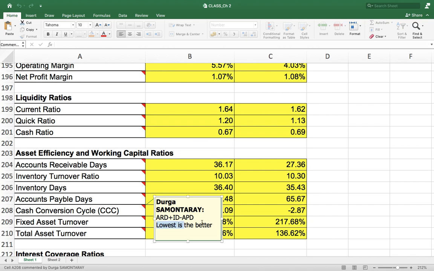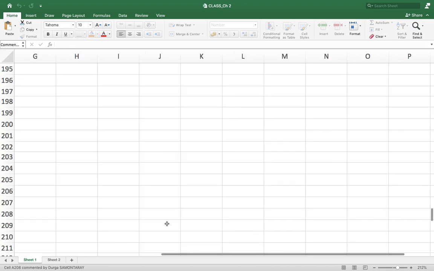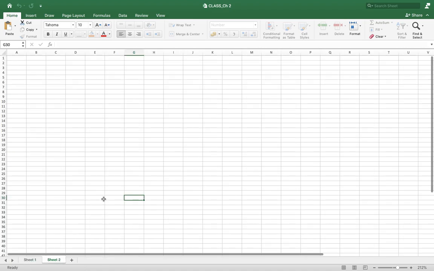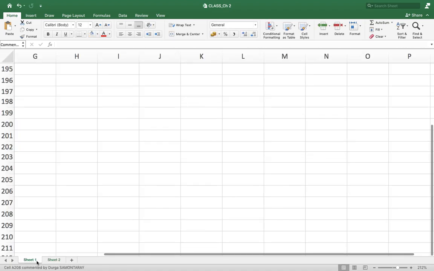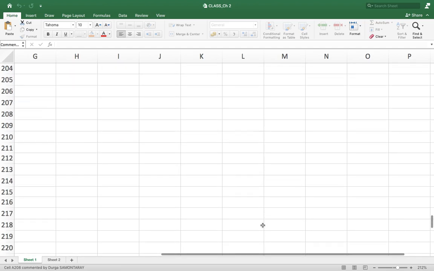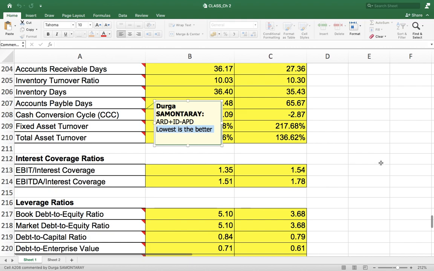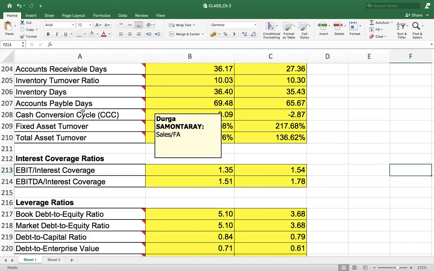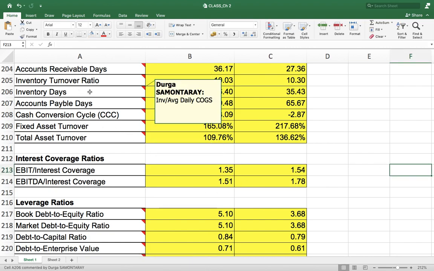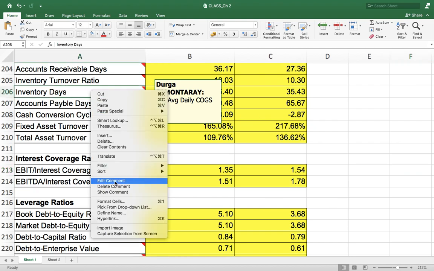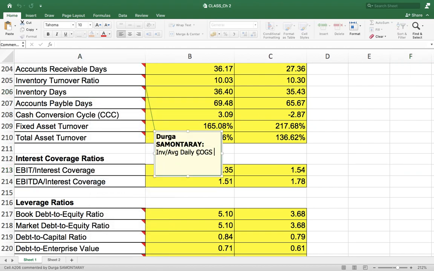I'll just copy this and write it in the other cells. For example, inventory days: edit comment, lowest is better.